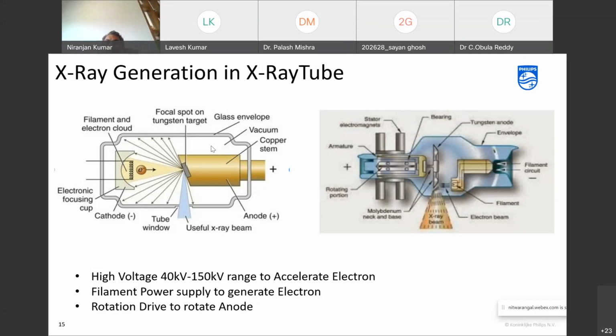In X-ray, as I taught, you need the electron, and the electron needs to travel from the filament, which is also called the cathode, to the target, which is called the anode. So there are two phenomena that have to happen. One, to emit the electron, it has to be heated like a bulb.